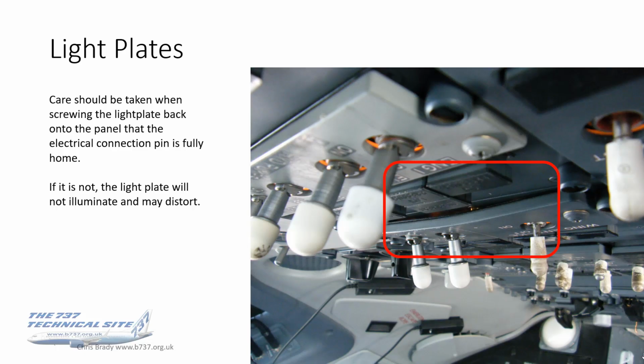Now, not only will that light plate not illuminate, but it'll also distort, and could lead to a failure of the panel. Certainly, failure of the pin on the light plate behind it. So something to look out for. If a particular light plate isn't illuminating, some things to try: press on the cross and just look and see if the light plate's been mounted correctly.